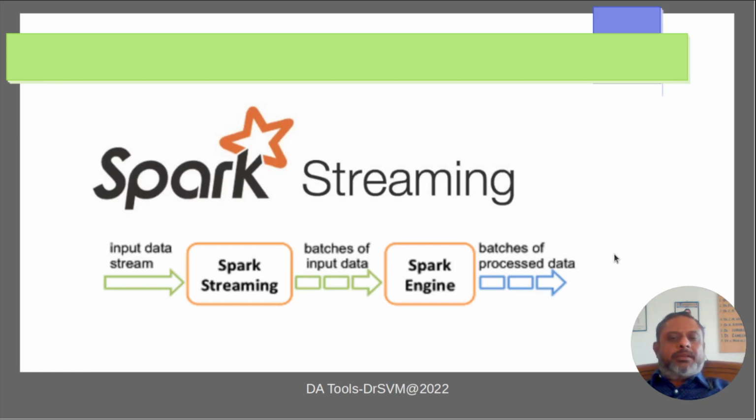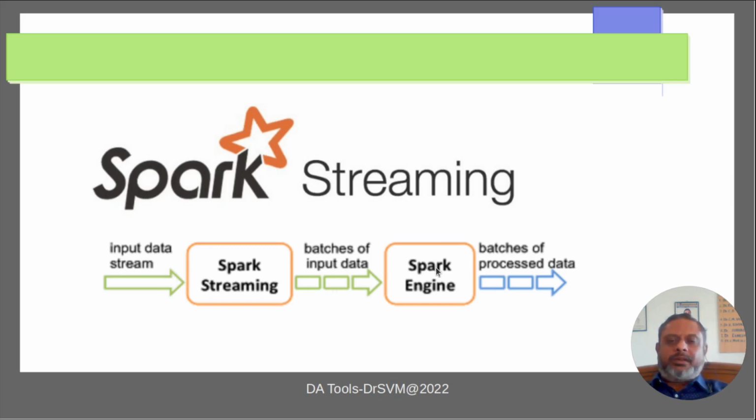Spark streaming works with the input of streaming data, and it converts the stream of data into batches of input data.